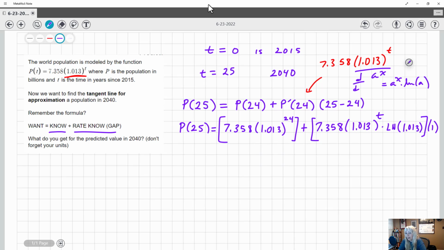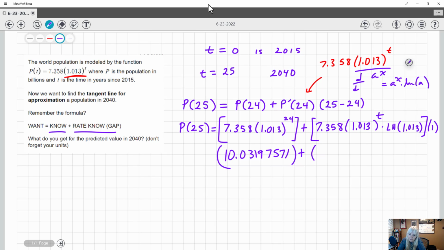Now from here, I'm just simply going to pick up a calculator, and I'm going to type in 7.358 times 1.013 raised to the 24th power, and that piece right there gives me 10.03197571. Why not keep decimals? Why do y'all get rid of the decimals?